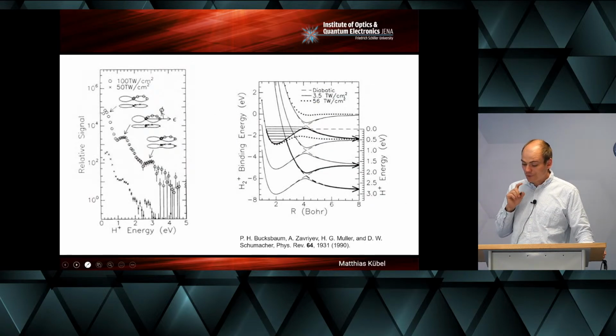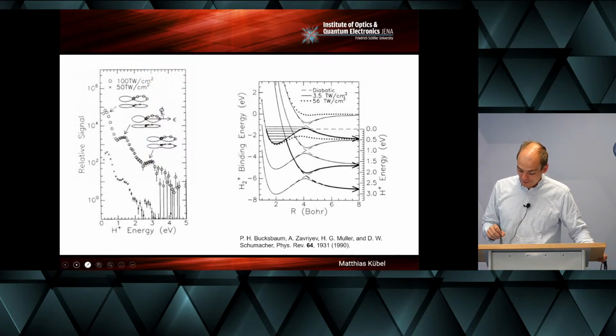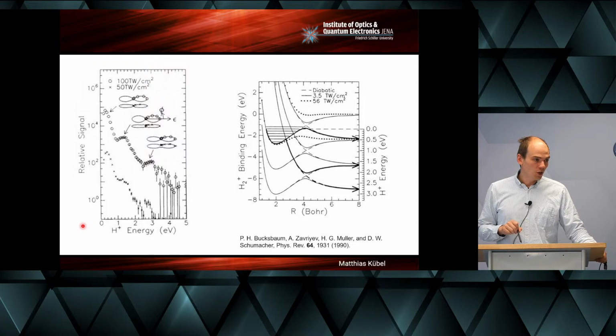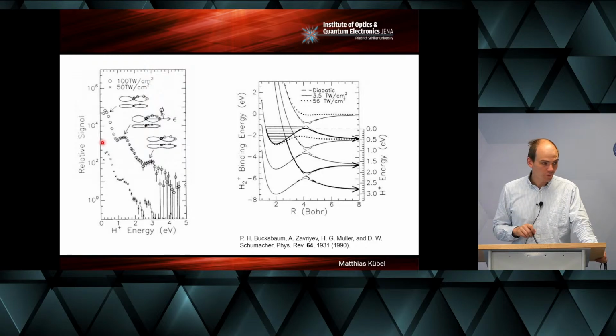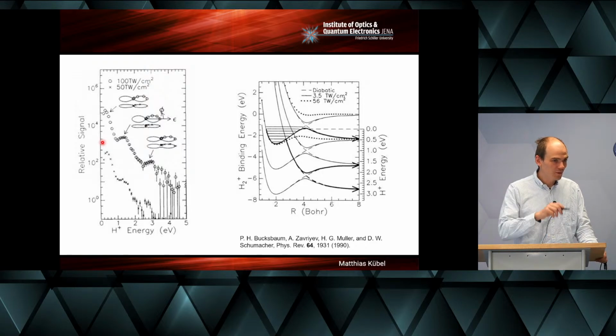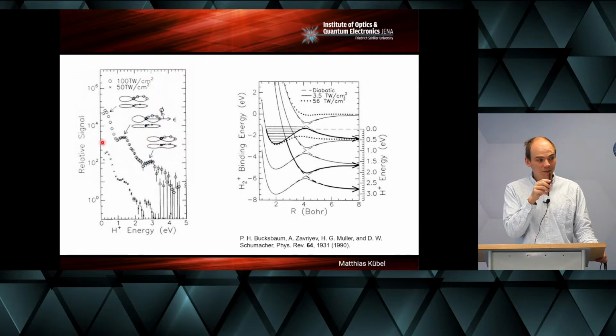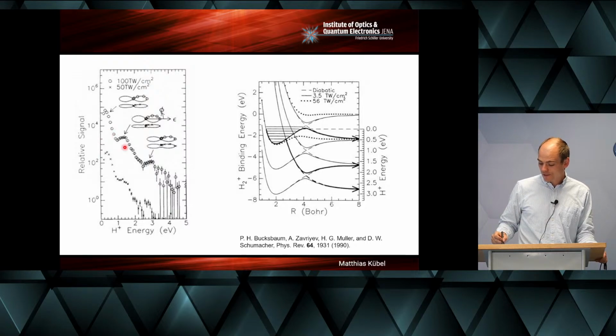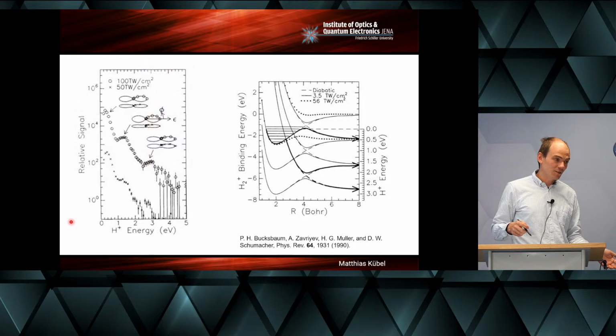What they observed in this experiment was that the energy distribution of this proton was actually structured. It's a bit reminiscent of ATI, where you have electron energy peaks spaced by a photon energy, and here it's the molecular fragment that carries the energy.